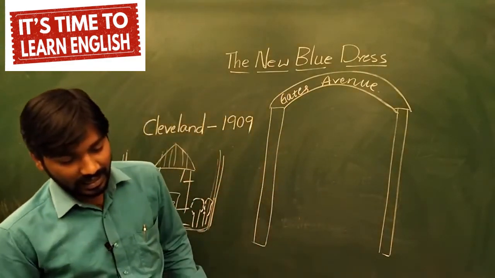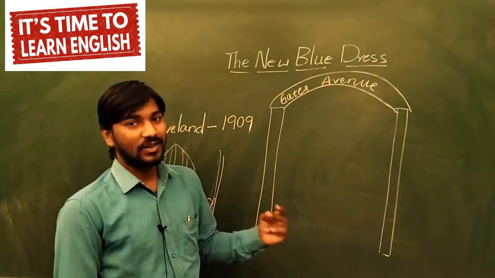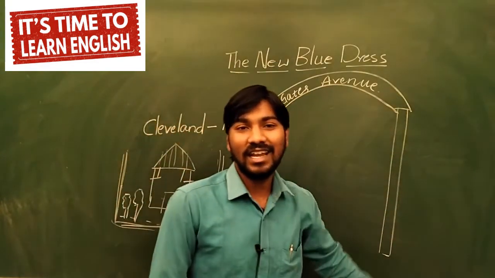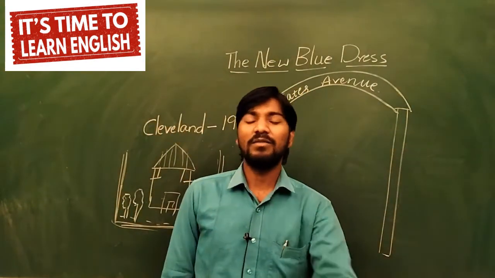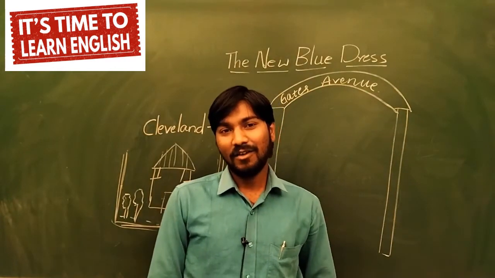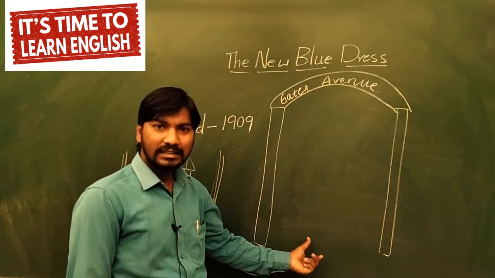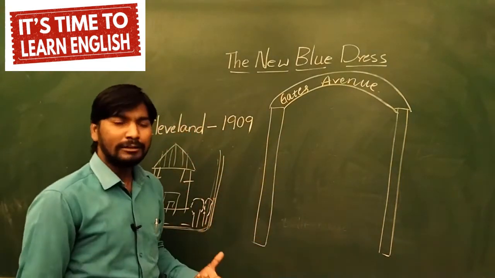After six months, when the girl got the new dress, the entire Gates Avenue became a beautiful street in Cleveland. Very, very beautiful street. It has footpaths, it got street lights, and it got running water, and the homes were painted.